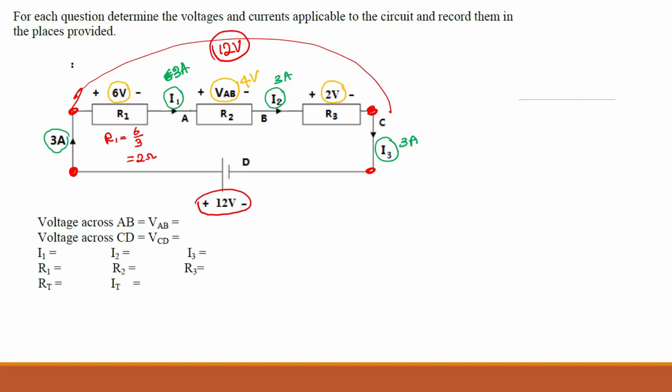It's just 4/3 for R2 and 2/3 for R3. Yes, that's right. Anyone have any question?